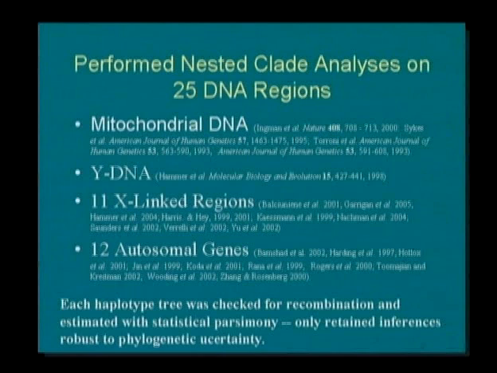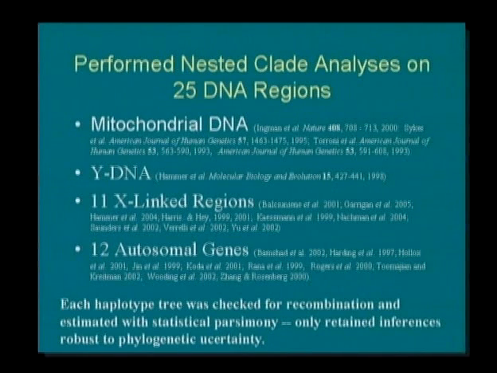So 2 years ago, these were all the samples on 25 different DNA regions where there was enough sample size across the globe and enough geographical sampling that I could study it. Nested clade analysis is a statistical procedure, so you have minimum requirements in terms of numbers of individuals and also numbers of locations.